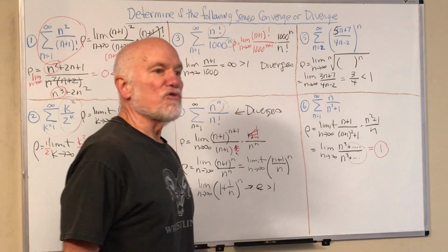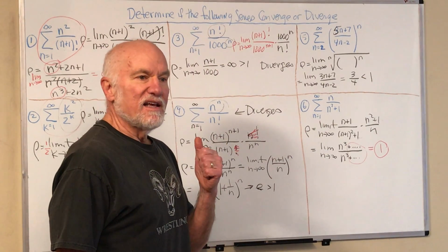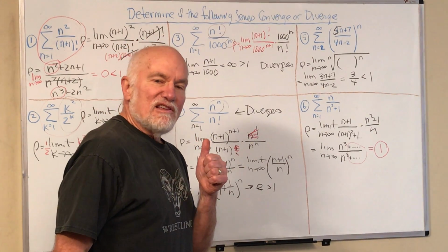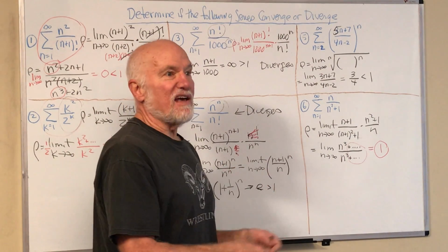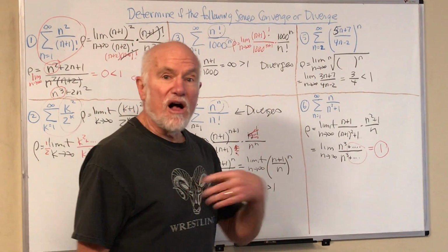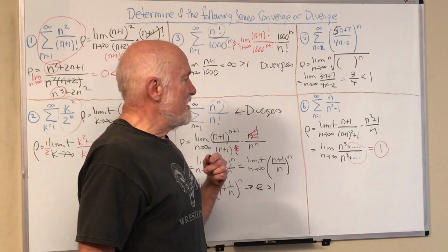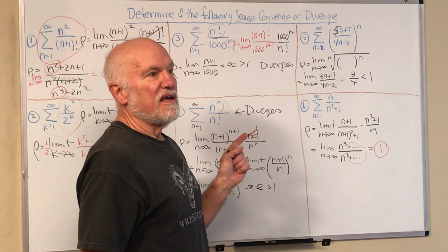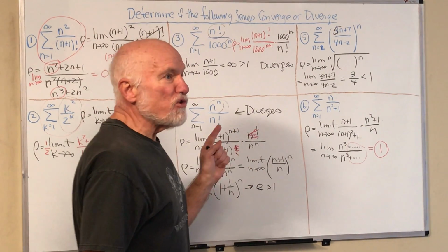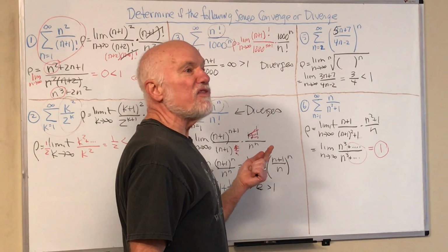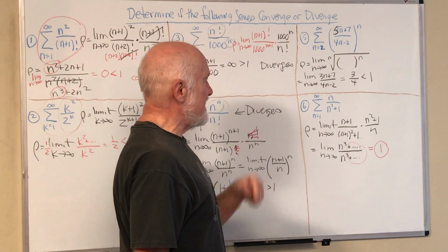So what happens? The ratio test failed. Usually, when people learn the ratio test, they kind of like it and say, I'm going to use it on all my series. But it doesn't always work. And almost always, it's not going to work on one where you should have done a comparison test.